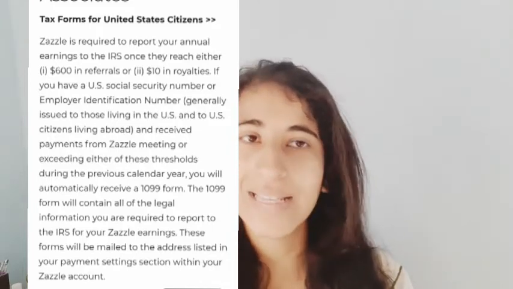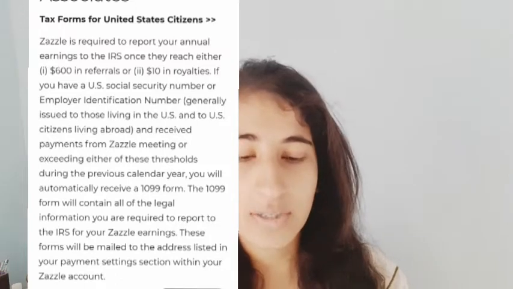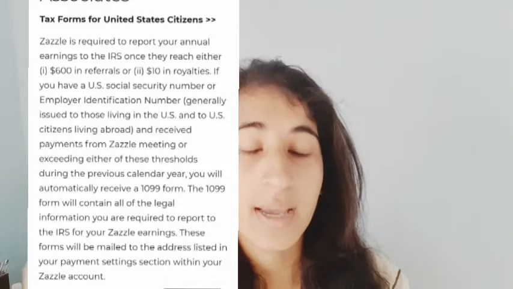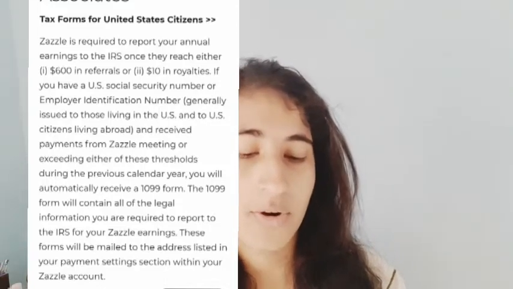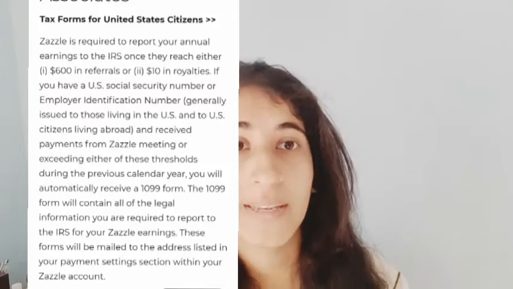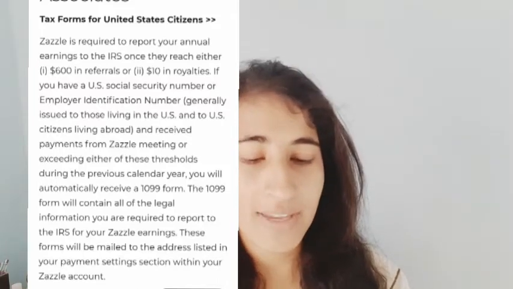So if you are exceeding these particular royalties or referrals limit, that is the $600 in referrals or $10 in royalties, and you have a US SSN, Social Security number, or an employer identification number, that is an EIN, that is usually given to US citizens living in the United States, you need to fill the 1099 form.